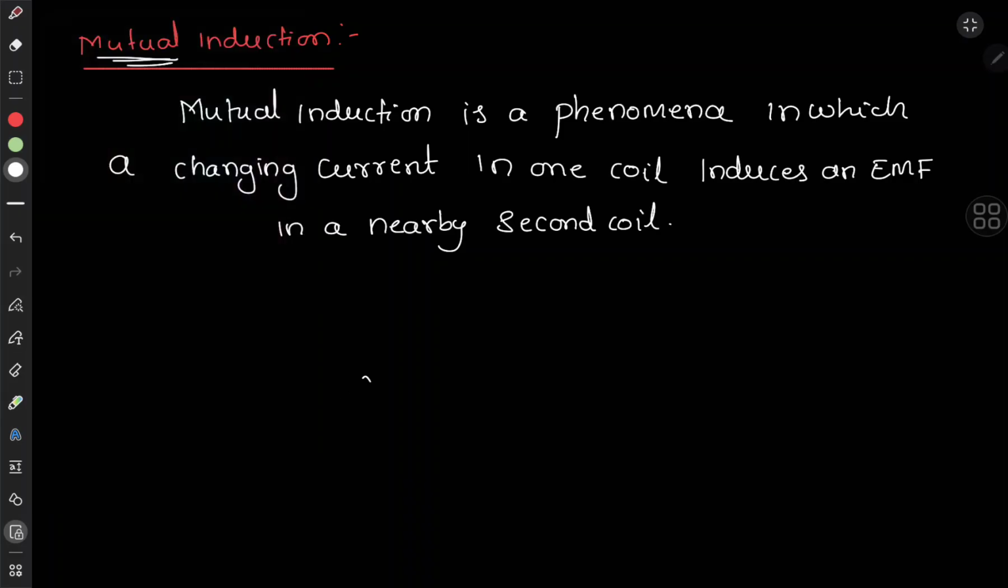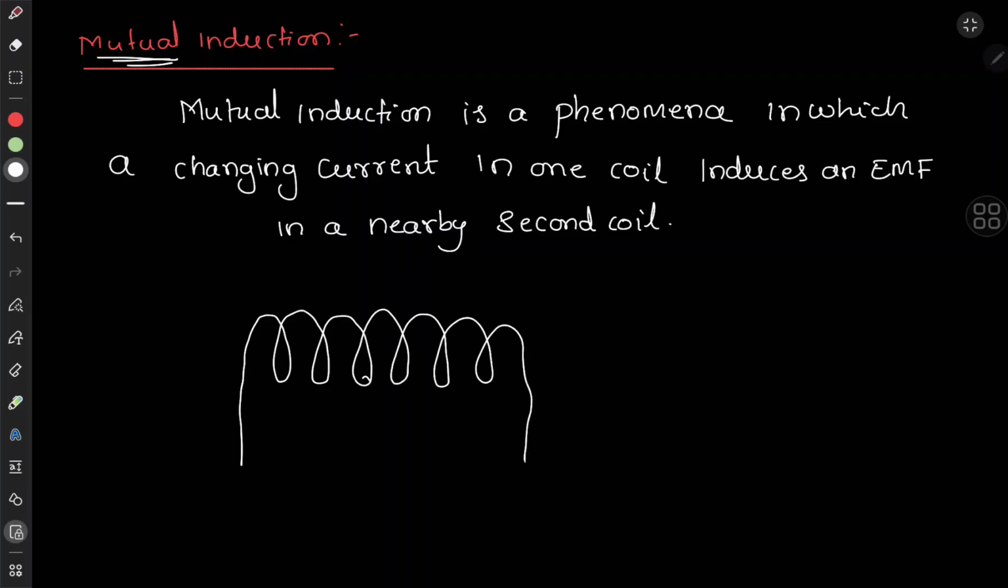Let us consider this is one coil, which we call the first coil, or the primary coil. The first coil has number of turns N1.